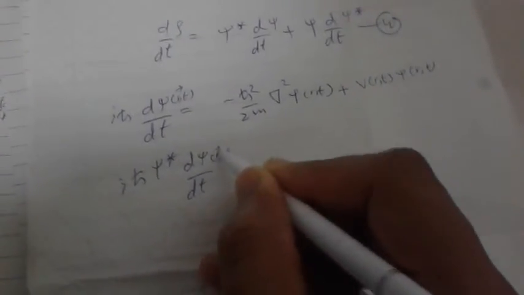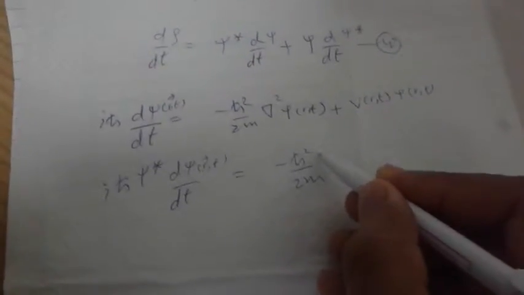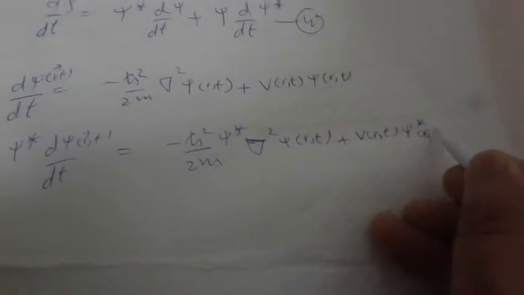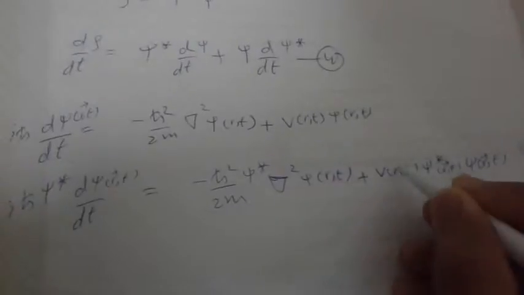D psi by dt rt is equal to minus h cut square over 2m, here psi star del square psi of rt plus v of rt psi star of rt multiplied by psi of rt. Everywhere is the same.